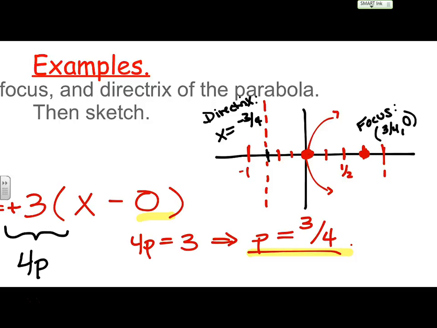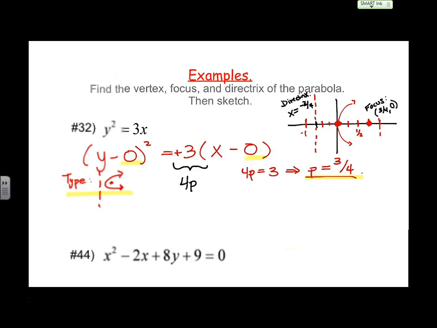So once again, the formulas work, but if you can get the visual or the graphical feel for these, then maybe you don't even have to memorize all those formulas. Formulas are good, and that might be the best way to go. Once you figure out if you're rightward facing, once you figure out that type of formula, you can just plug into formulas to get the focus and directrix.